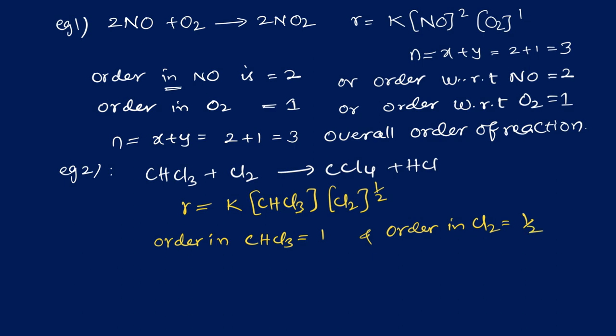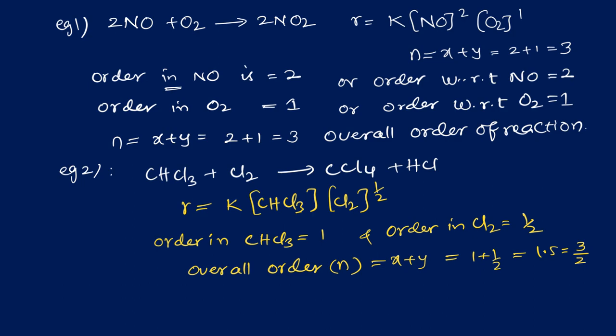Now the overall order of reaction, n equal to x plus y, that is 1 plus 1 by 2, that is 1 and a half, that is 1.5. Otherwise this can be represented as 3 by 2 order.